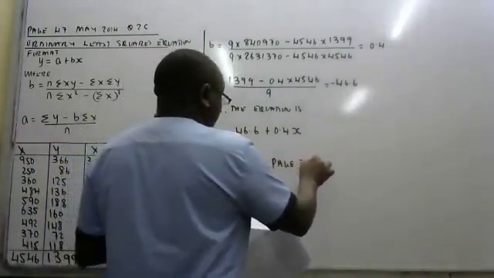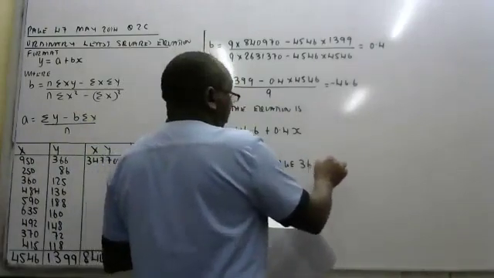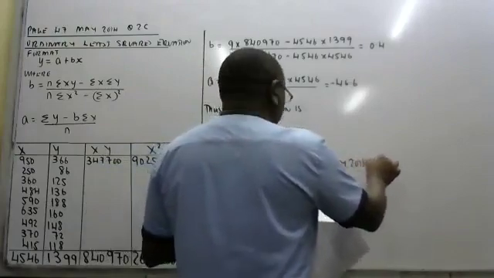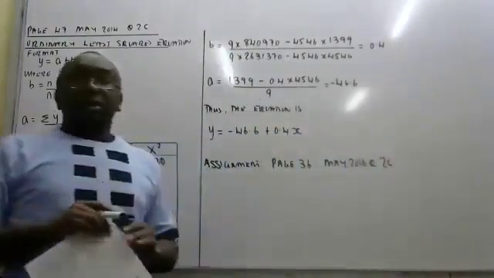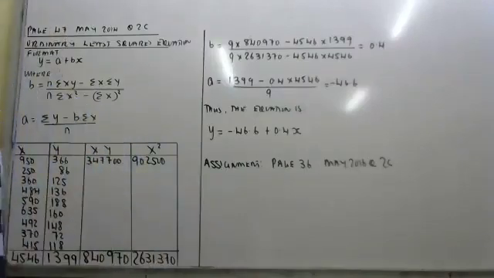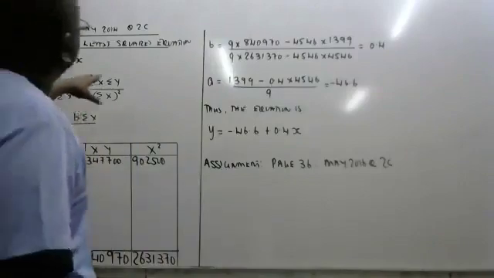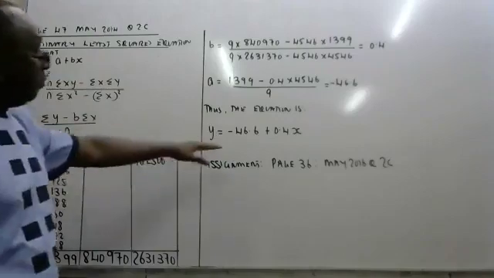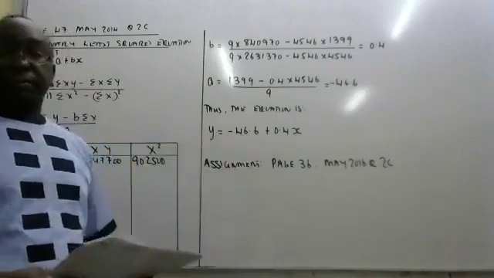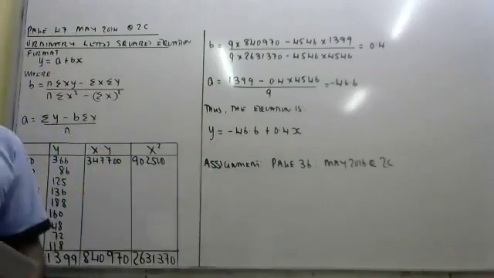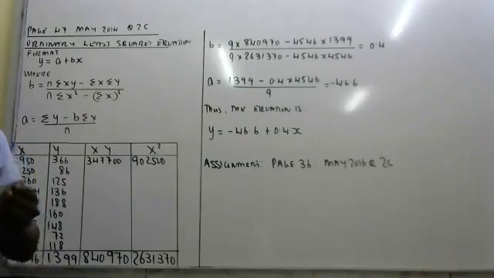There is a question that was tested in May 2016 as question 2C. I would like you to do exactly what we have done in this question. From here, where we have written, you create this table and get up to that point.